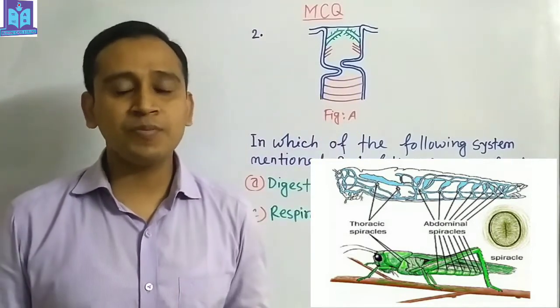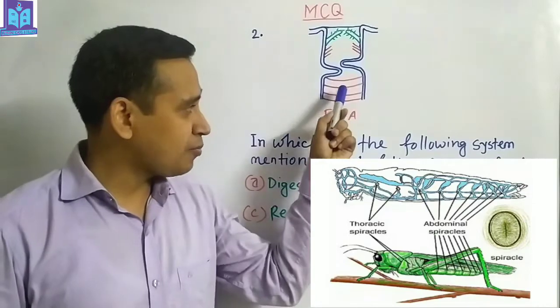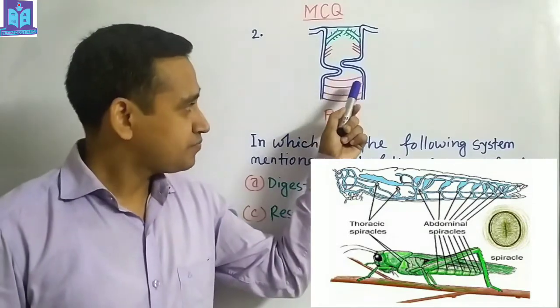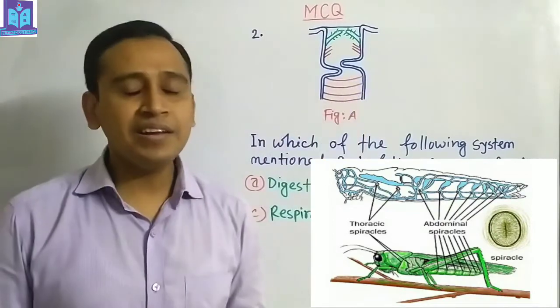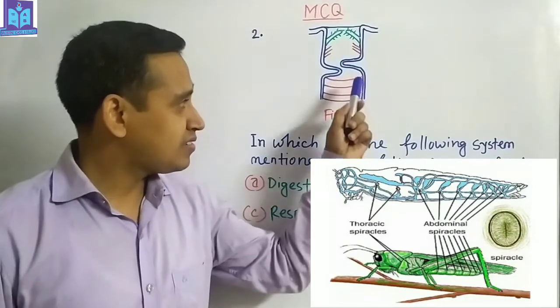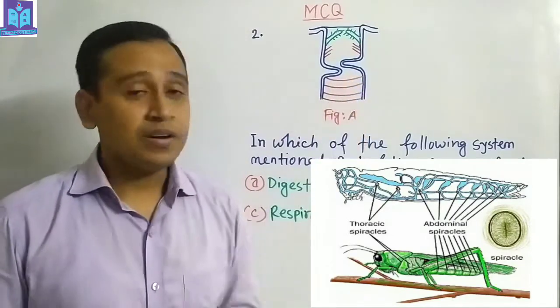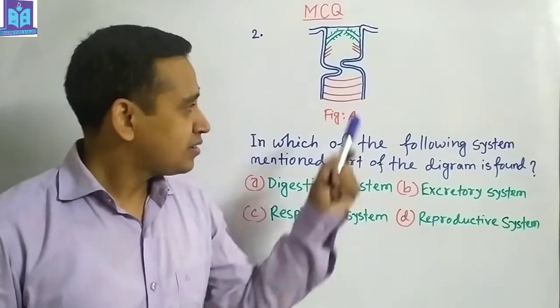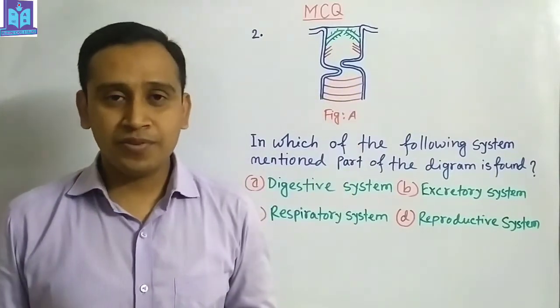And trachea consists of 3 layers. The inner layer of trachea is called intima. And the intima forms a ring-like structure at regular intervals through the trachea. This ring-like structure is called ctenidia. Due to the presence of ctenidia, the trachea doesn't collapse.